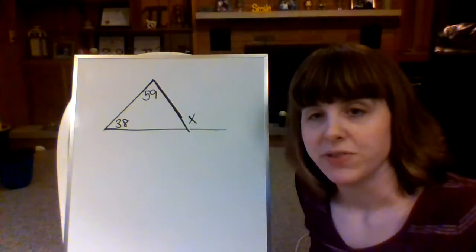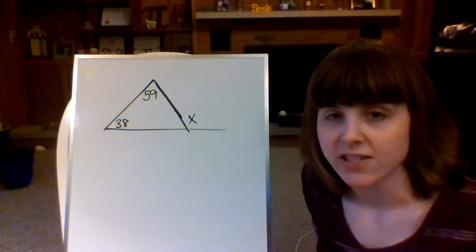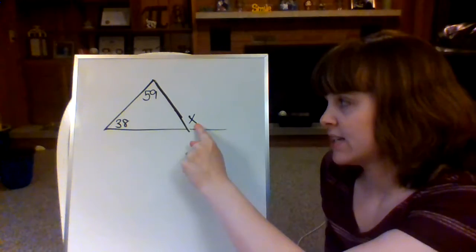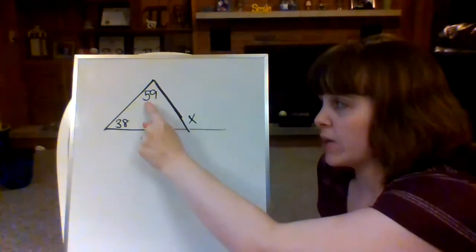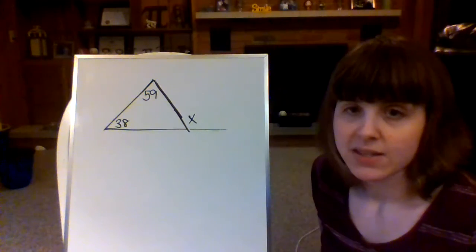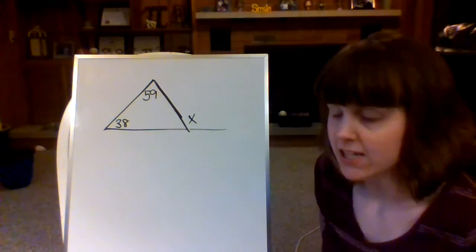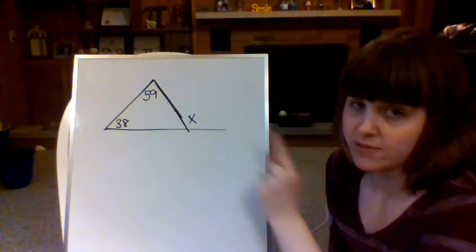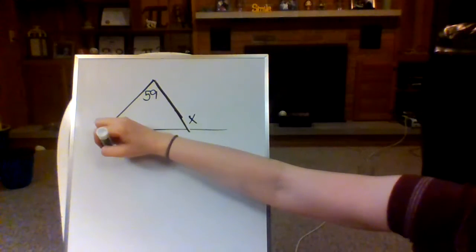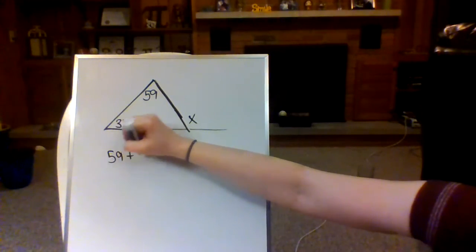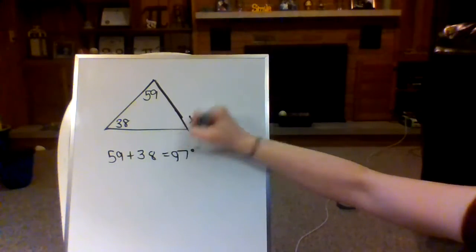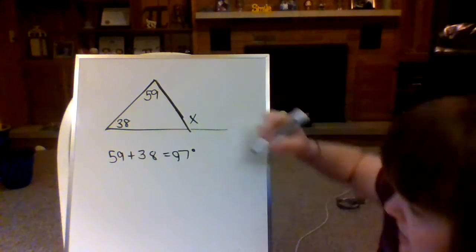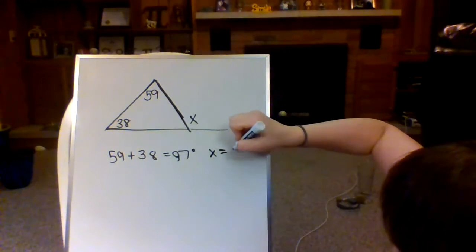I don't know if you knew this or not, but angles on the outside of a triangle, like this, are going to equal the sum of these 2 remote angles on the inside. So if you add up 59 and 38, that'll give you x right here. So 59 plus 38 equals 97. So x is going to equal 97 degrees.